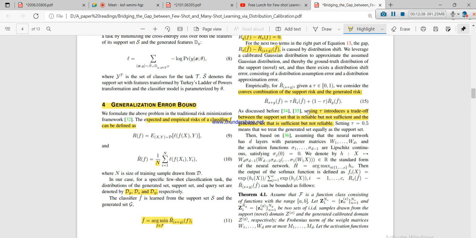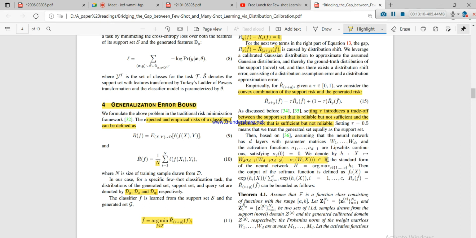So setting tau equal to 0.5 means that we treat the generated set equally to the support set. Then, based on this equation 36, assume that the neural network has d layers with parameter matrices W1 to Wd, and activation functions sigma 1 up to sigma d minus 1, satisfying sigma j of 0 equals 0. We denote by h such that x maps to Wd sigma d minus 1. This is a bit complex to understand.